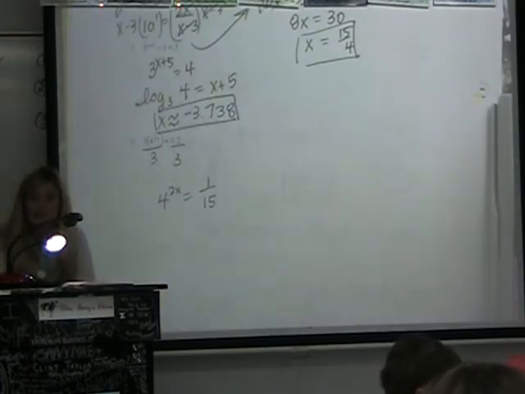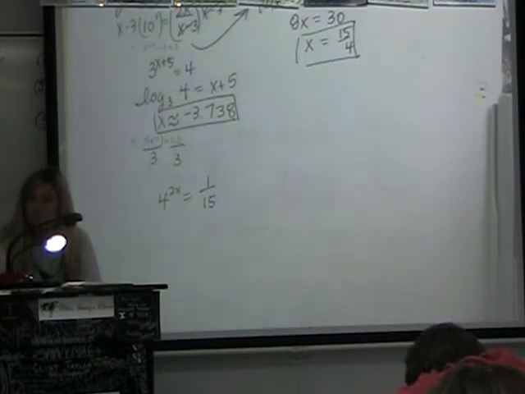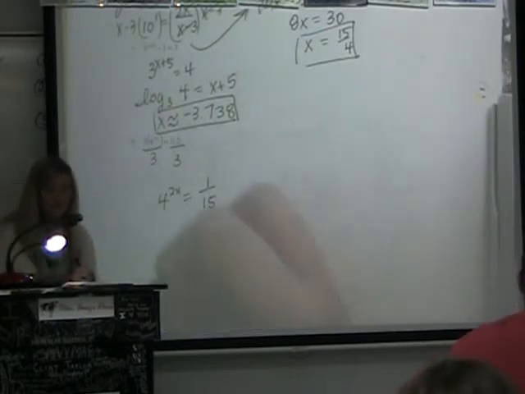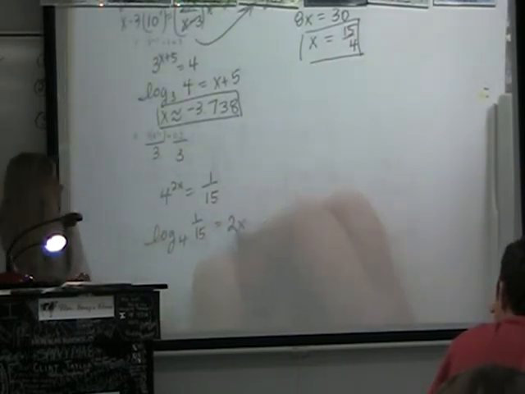Make sure you don't use decimals until the very last step, okay? I changed mine to a fraction. So divide both sides by 3 and then change it to a logarithm. Log base 4 of 1/15 equals 2x.